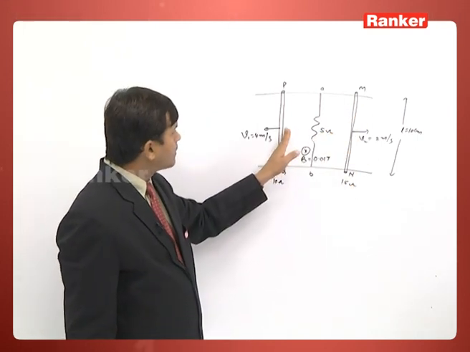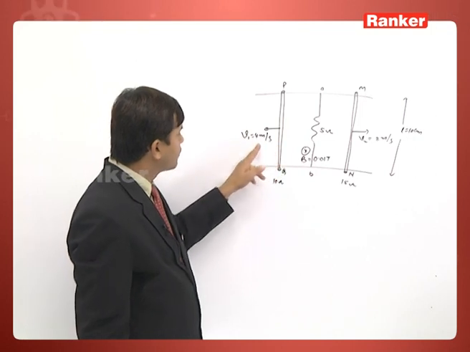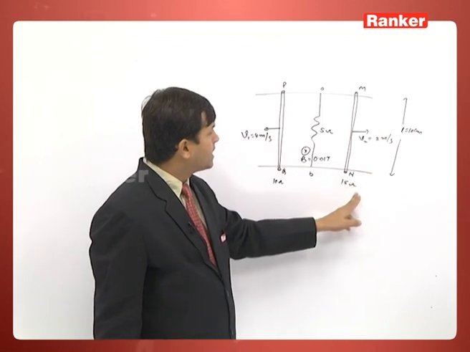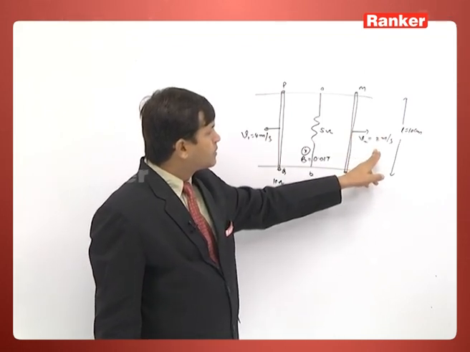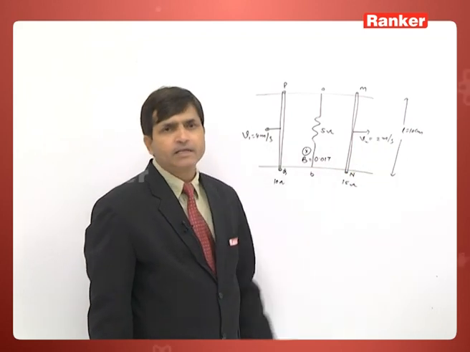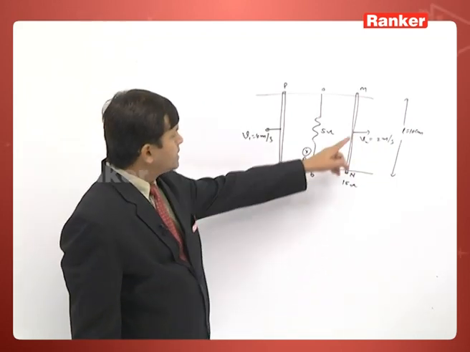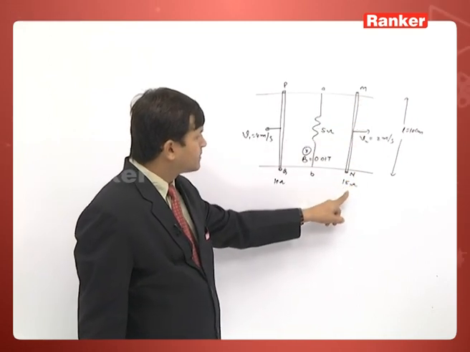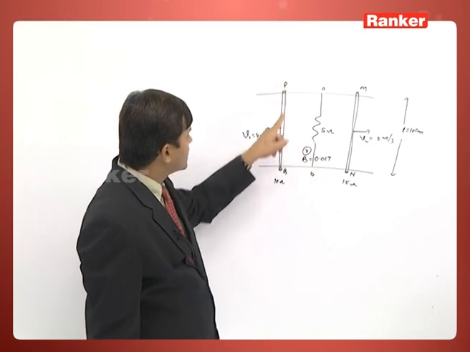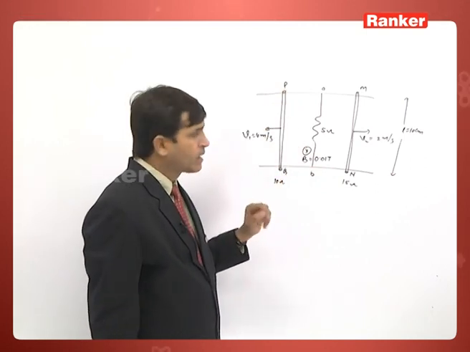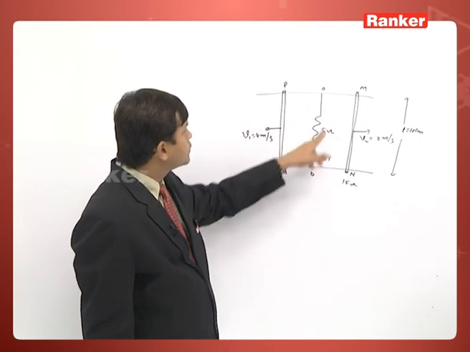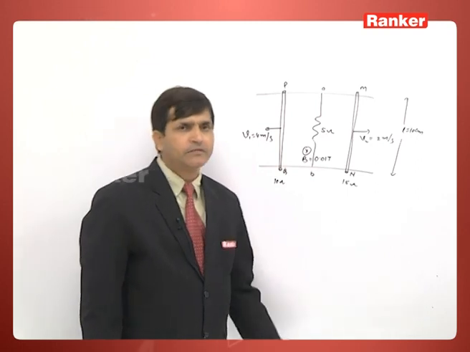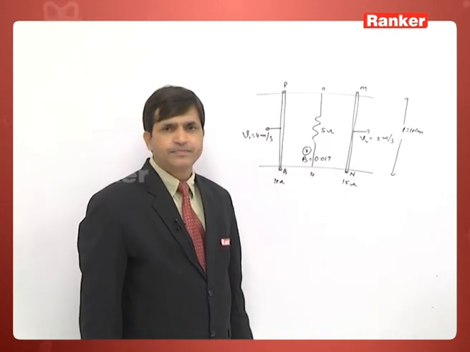The velocity of conductor PQ is given here as V1, 4 meters per second towards the left, and on conductor MN the velocity is V2, 2 meters per second in the rightward direction. The resistance of each conductor is also given: the resistance of conductor MN is 15 ohm and the resistance of conductor PQ is 10 ohm. These two rails are also short circuited by a wire having resistance 5 ohm, as shown in the diagram.